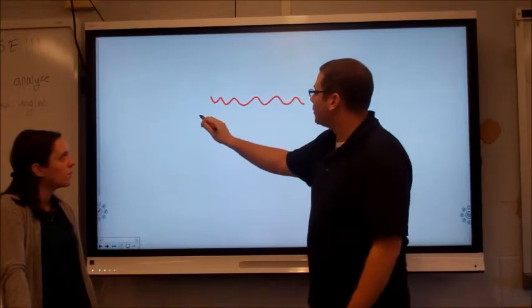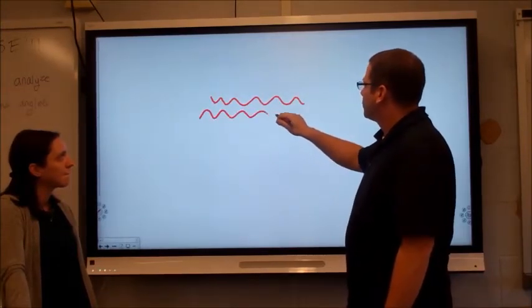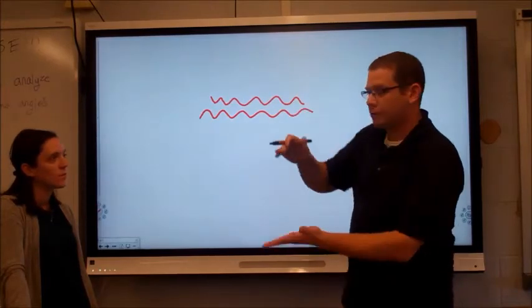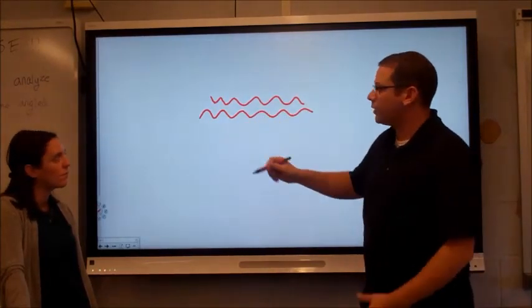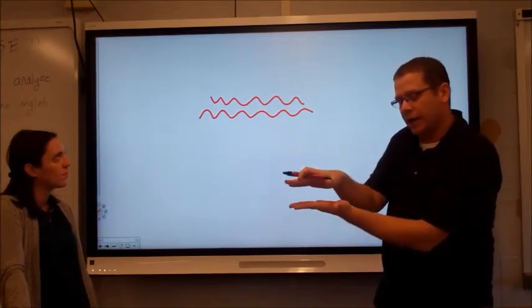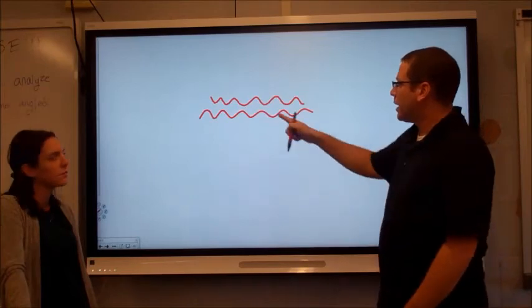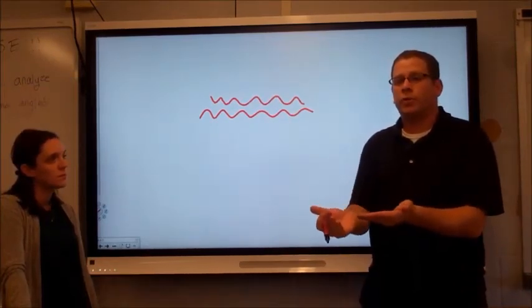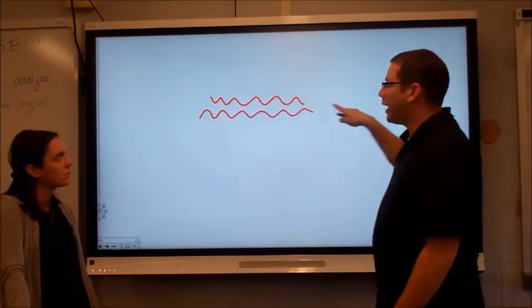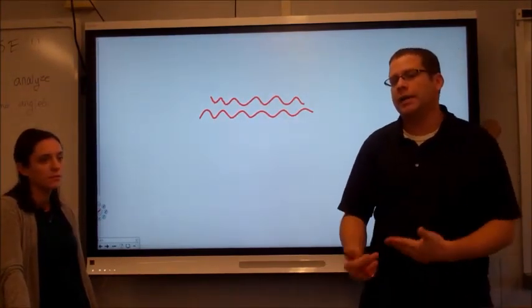The table also has bumps and grooves in it. So what happens, as that textbook starts to sit on that table, these bumps and grooves start to actually connect and they kind of sink into each other. So in order for me to start the textbook to move, I have to kind of break that little connection. But once the textbook is already moving, these things start to just glide on top of each other. So there's less force needed to keep it moving.